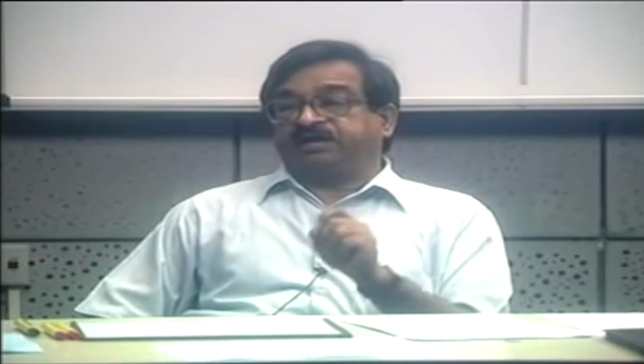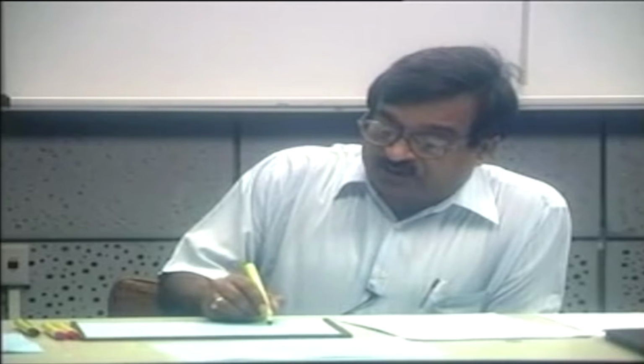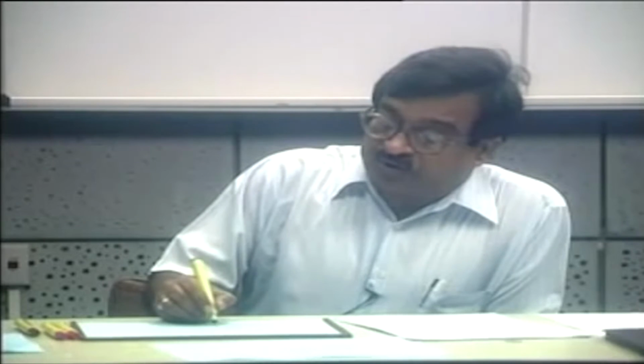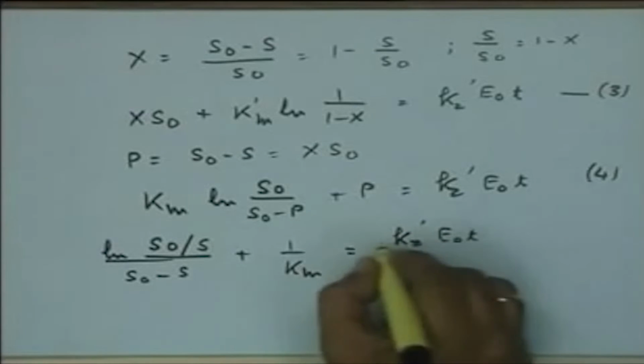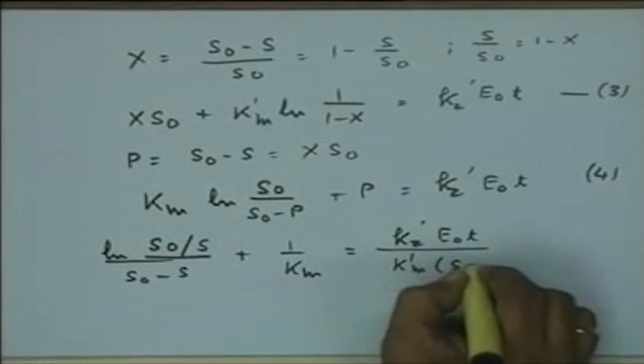That means you take a single batch performance data, that is, take the fractional conversion at different times of reaction. You can write down the expression ln S naught upon S upon S naught minus S, plus 1 upon K dash m, equal to K2 E naught T upon K dash m into S naught minus S.